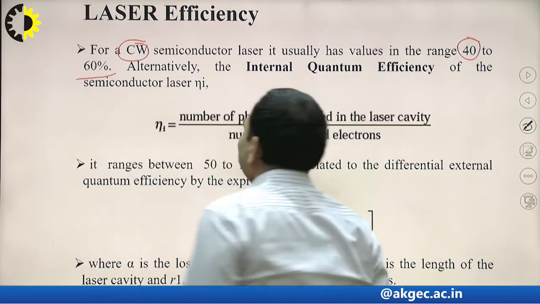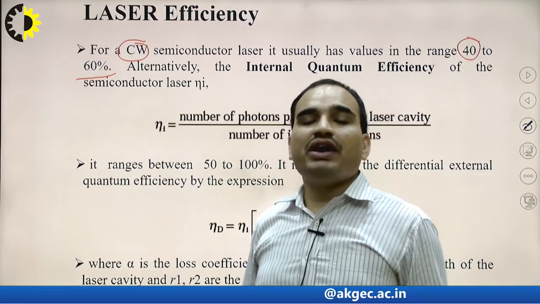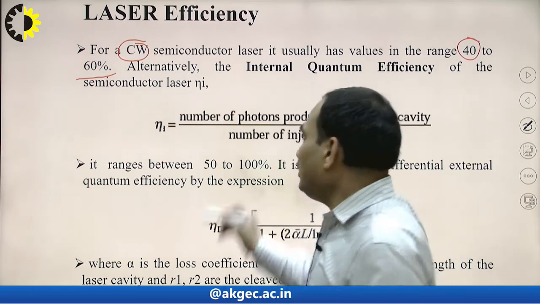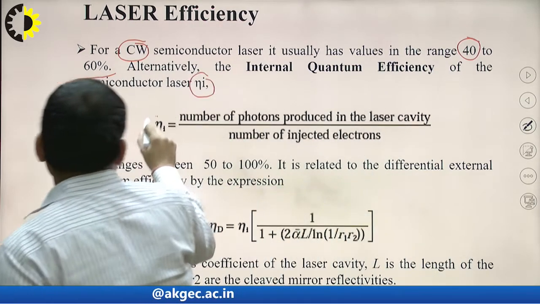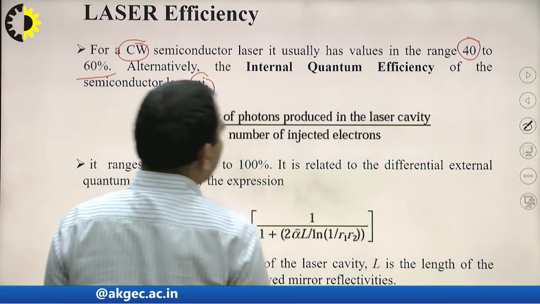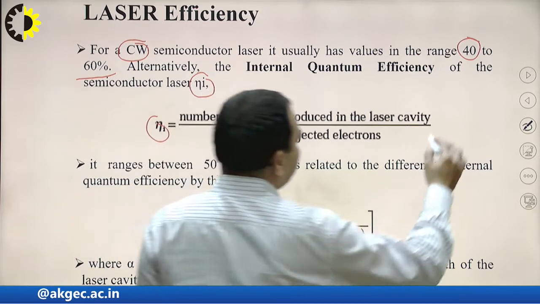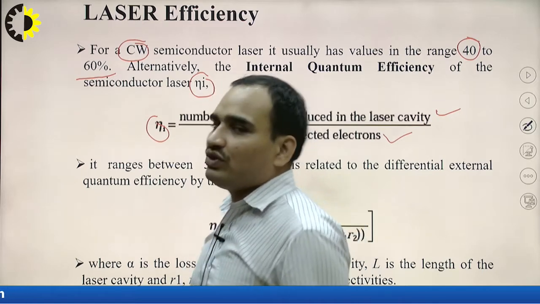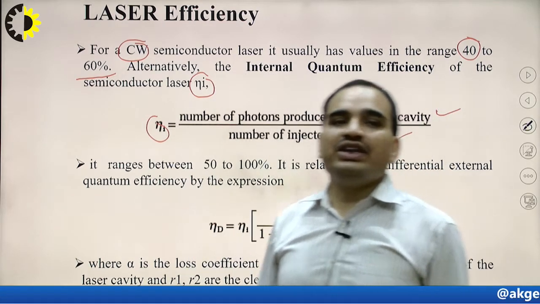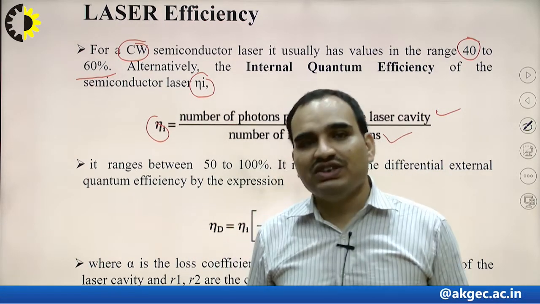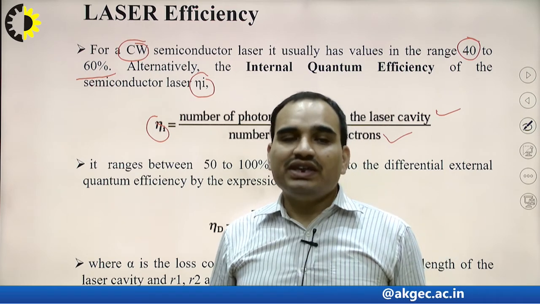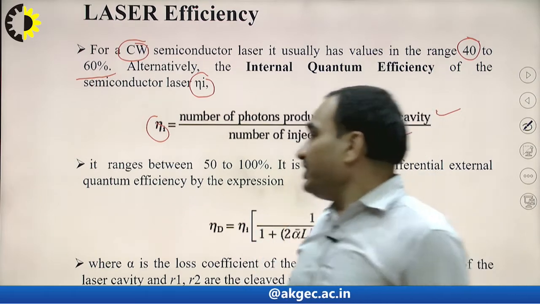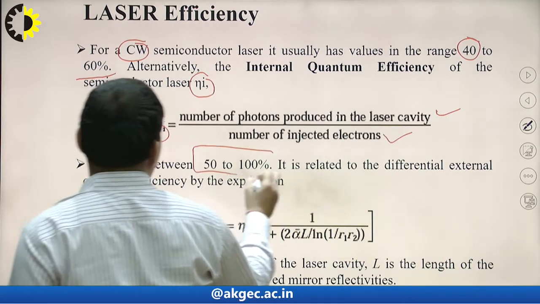Alternatively, the internal quantum efficiency of the semiconductor laser is given by eta i, which equals the number of photons produced in the laser cavity divided by the number of injected electrons. It ranges between 50 and 100%.